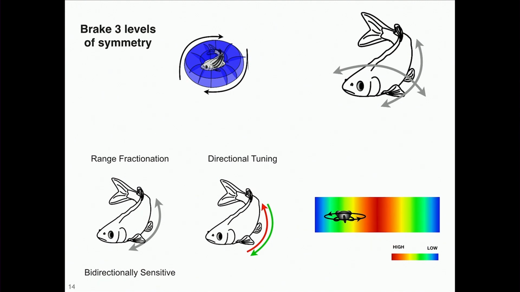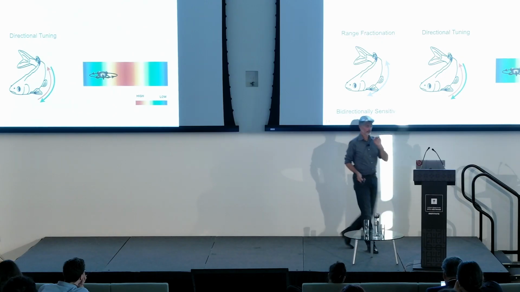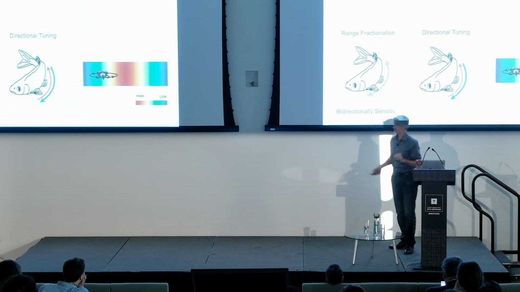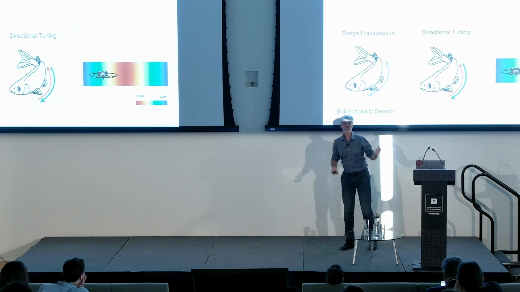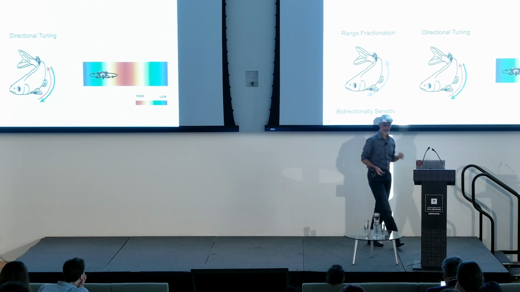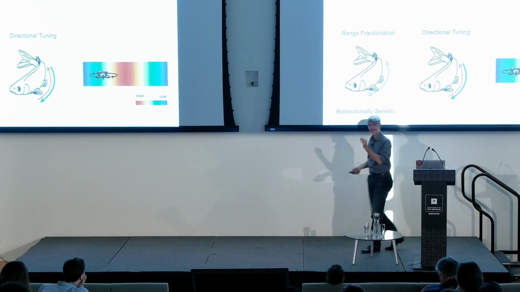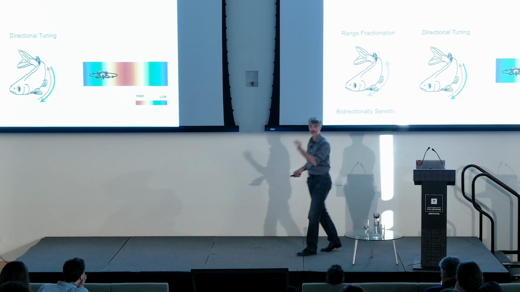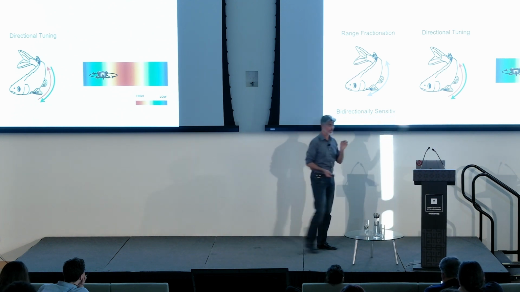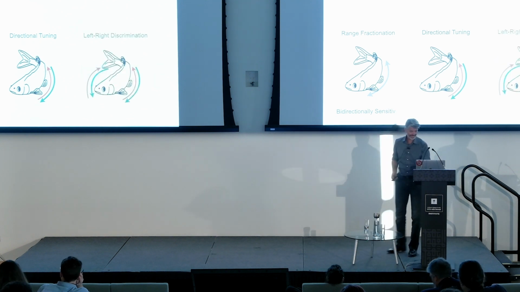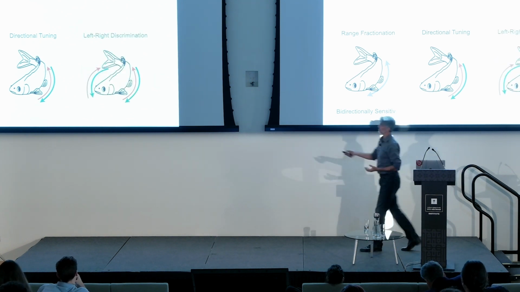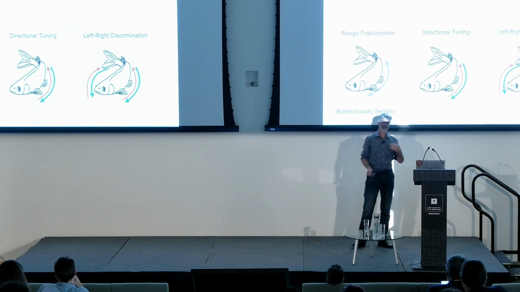The second level of symmetry breaking is that the system needs to be bidirectionally sensitive so that it can tell in which direction flow is going, but it has to break that symmetry as well, so each direction is informed to the brain or transmitted to the brain separately, so that the brain eventually can integrate information on one side of the animal and the other side of the animal.